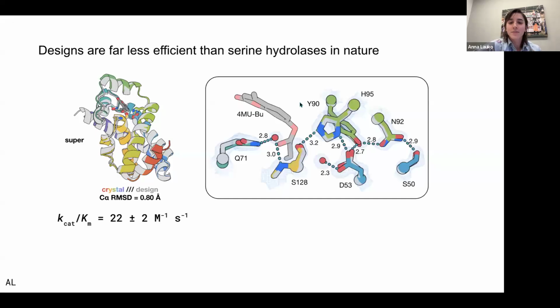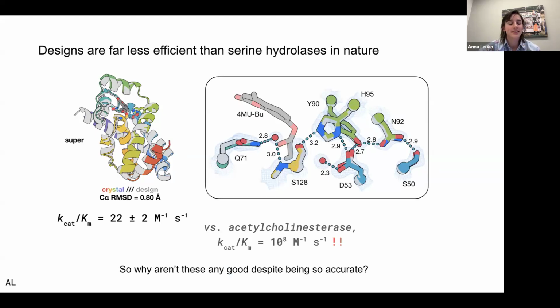Okay, and as I said before, these designs are far less efficient than serine hydrolases in nature. So kcat over Km of 22 per molar per second is pretty far off from the fastest serine esterase, acetylcholinesterase, which is a diffusion limited enzyme. And so, we couldn't point to any sort of small inaccuracies in our design model.